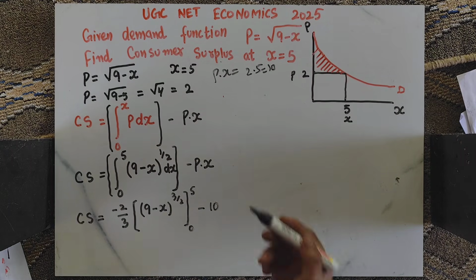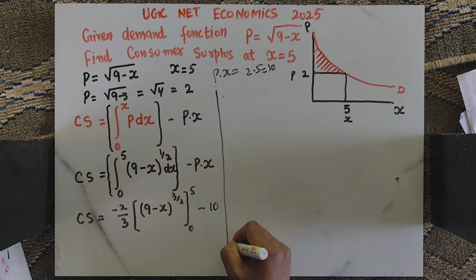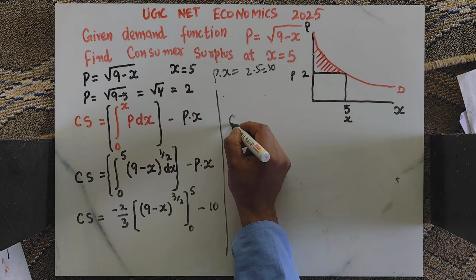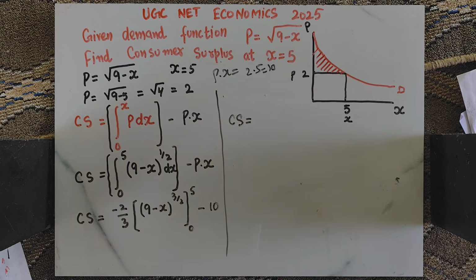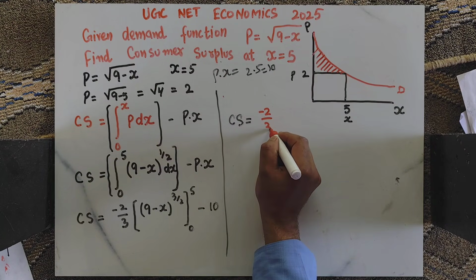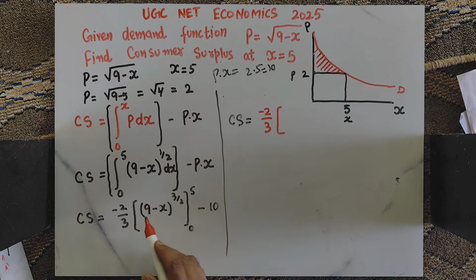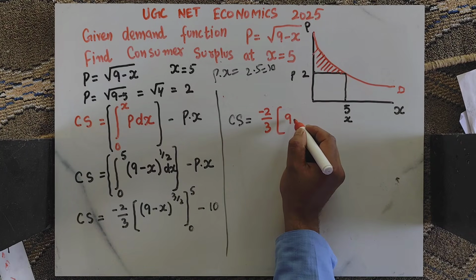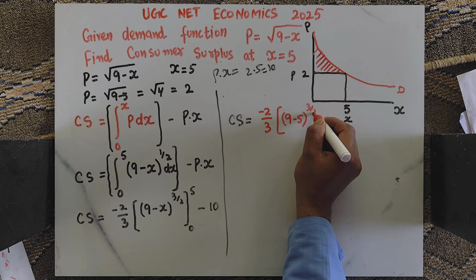So this time the consumer surplus question was a tricky one. Consumer surplus will be equal to minus 2 upon 3. Then we evaluate this term at the upper limit, then we subtract and evaluate it at the lower limit. The upper limit is 5, so we write 9 minus 5 raised to the power 3 upon 2.